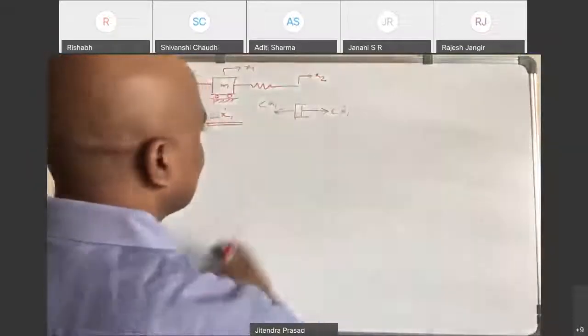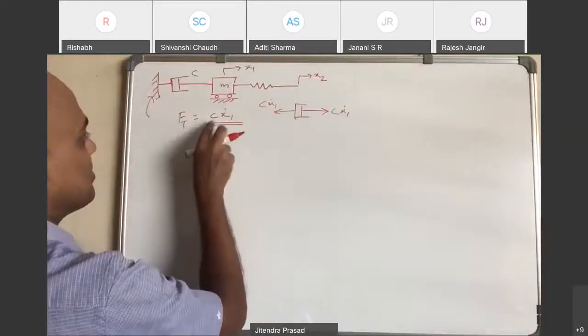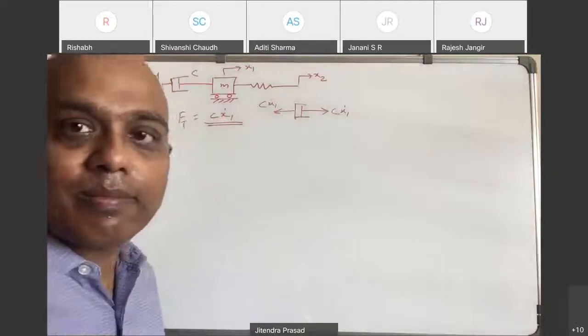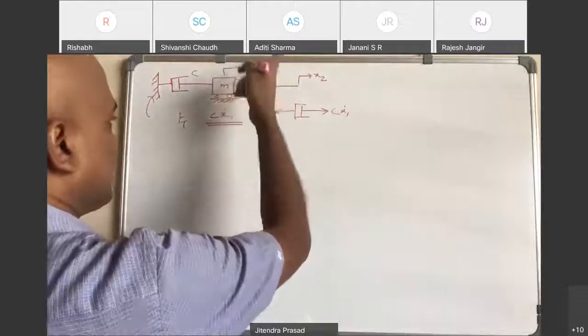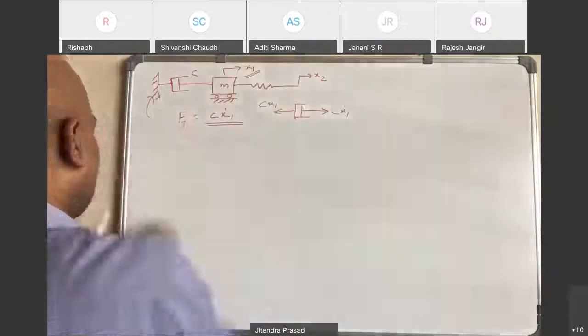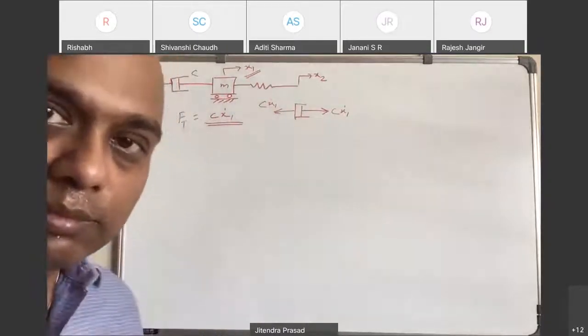It has to balance, and hence the force transmitted F_t will be c x1 dot only. So if you can find x1 and take the derivative, you get the value of the force transferred to the wall.